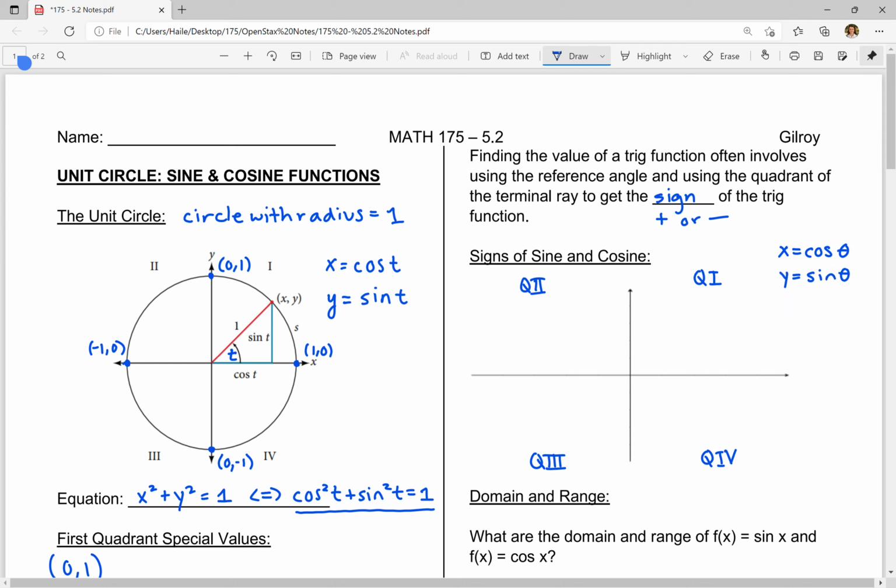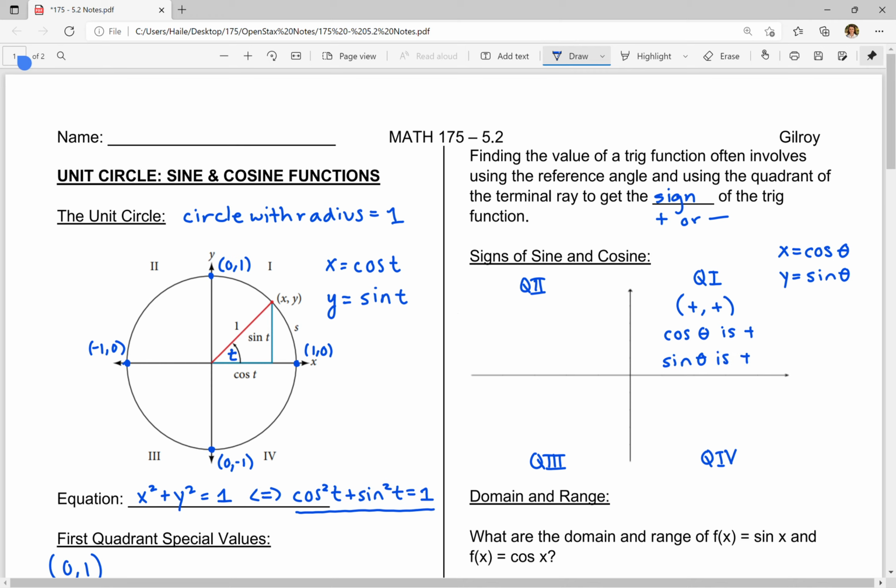So what we want to think about is where x and y are positive and negative. In quadrant 1, and you should have been doing this for a long time, let's think about what happens to the x-coordinate and the y-coordinate. Any point in quadrant 1, both coordinates are going to be positive. So this tells us that the cosine of theta is positive, and the sine of theta is also positive.